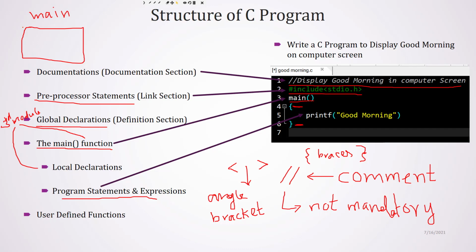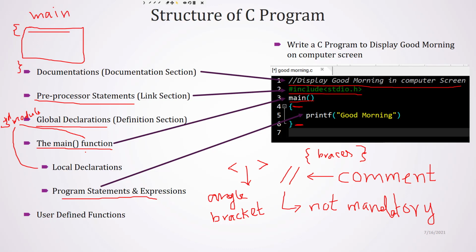Anything between this opening bracket and this closing bracket can be considered as a box. The first line inside the box will be the first line which is going to be executed in a program. So the main function is used to mark the starting point of the program.